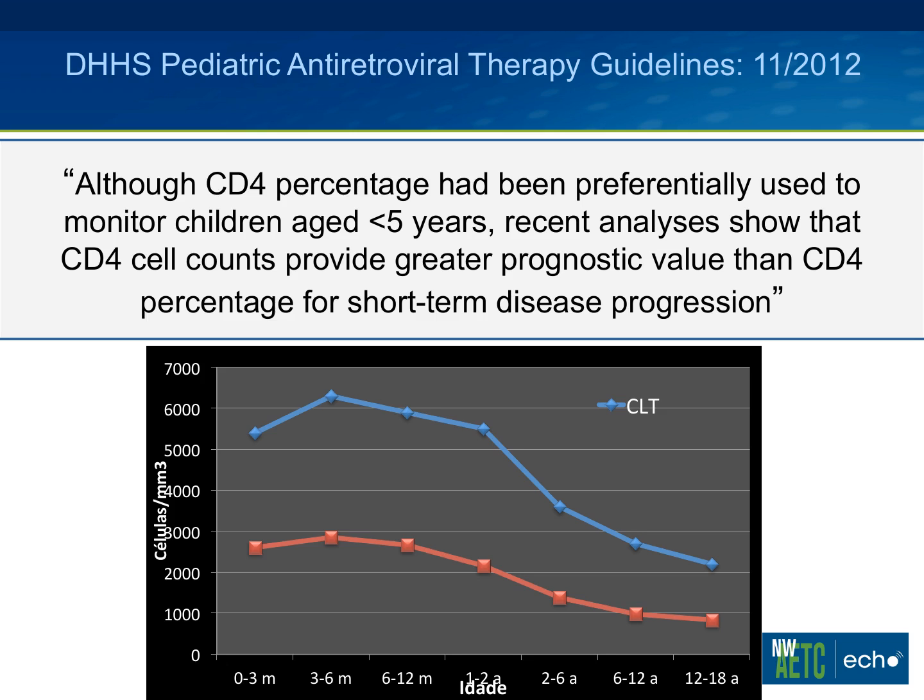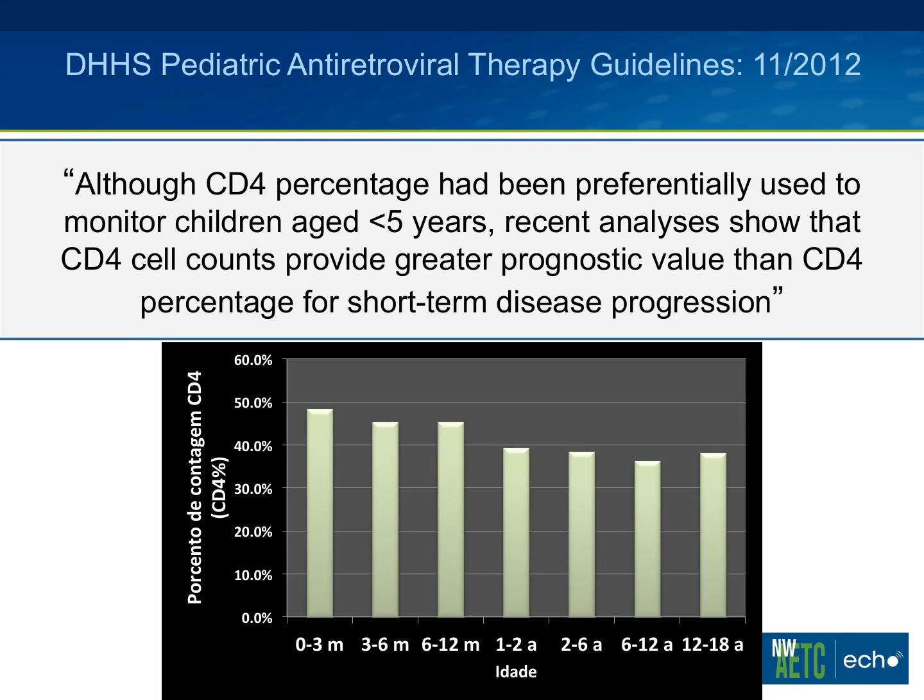But the blue here is the total lymphocyte count, and the red, which is actually not labeled, is the CD4 count itself. And you can see these numbers kind of fluctuate widely. We're talking about numbers of about 3,000 here at the peak between 3 to 6 months old. And if I overlay the percentage on the next chart here, you can see that it's just a little bit more of a stable number.